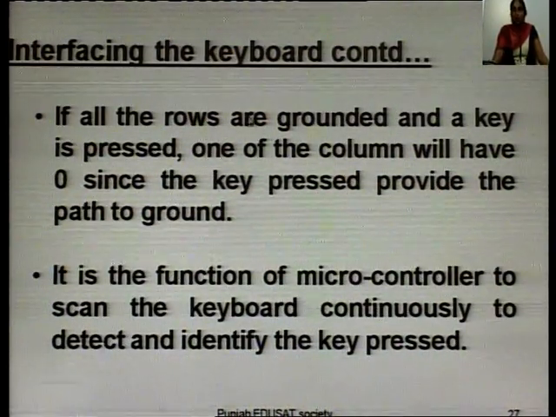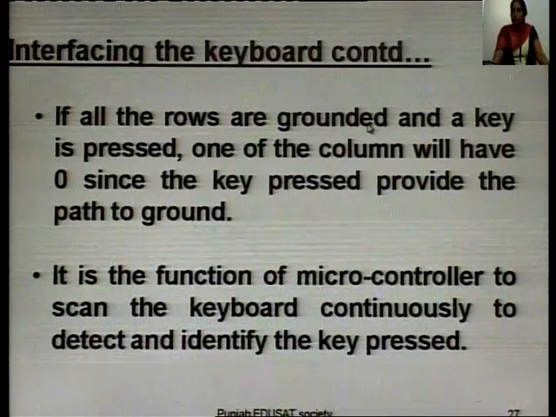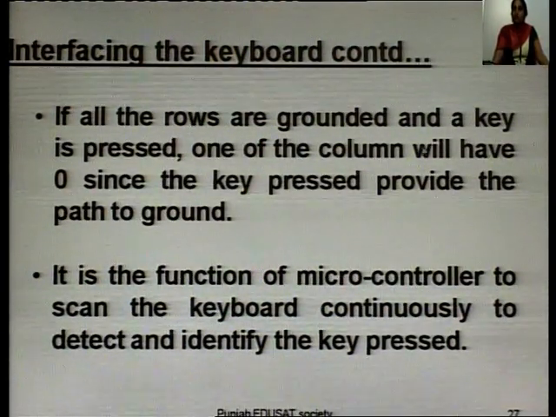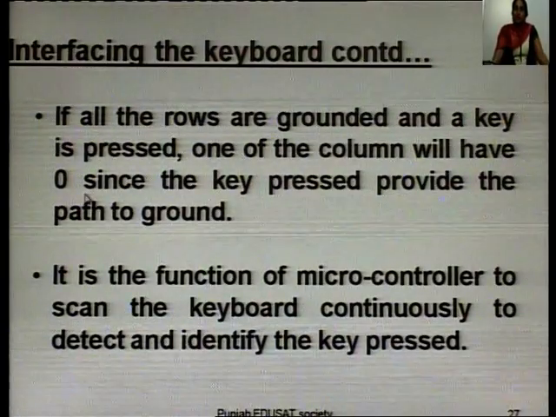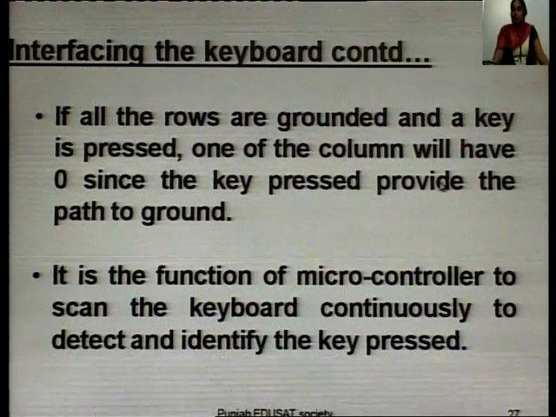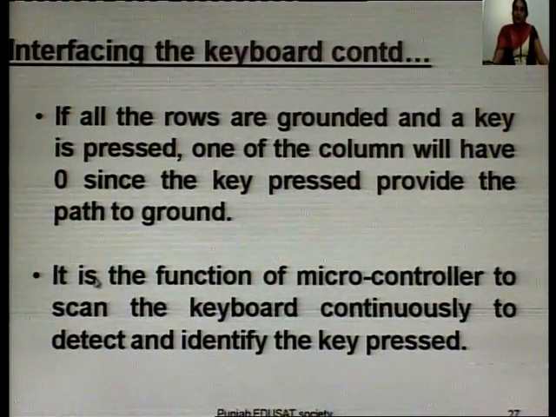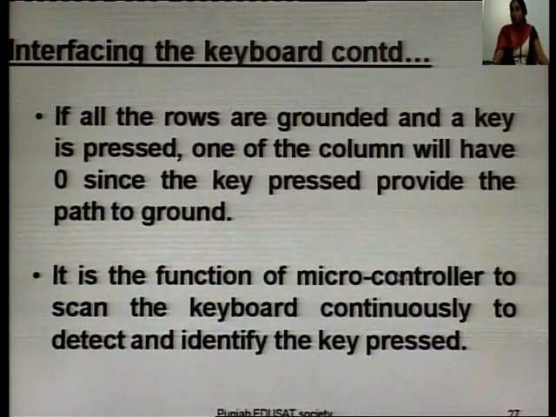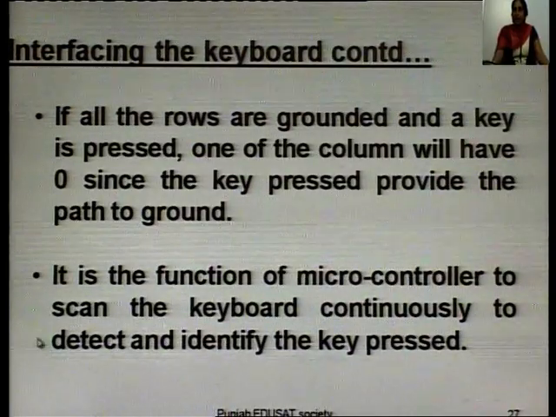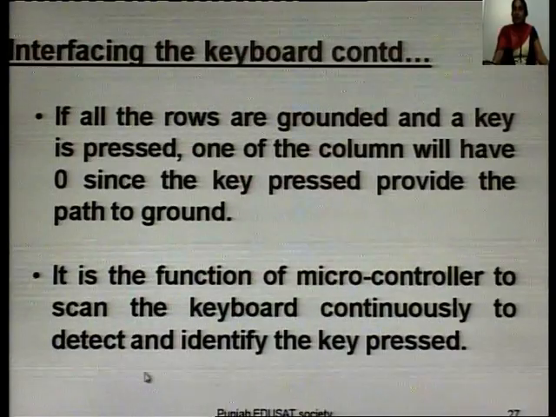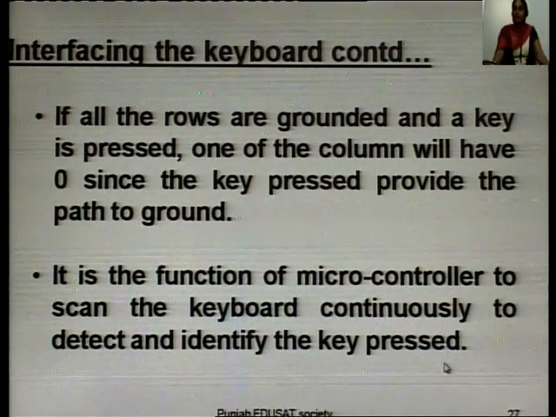If all the rows are grounded and a key is pressed, one of the columns will have 0 since the pressed key provides the path to ground. It is the function of the microcontroller to scan the keyboard continuously to detect and identify the key pressed.